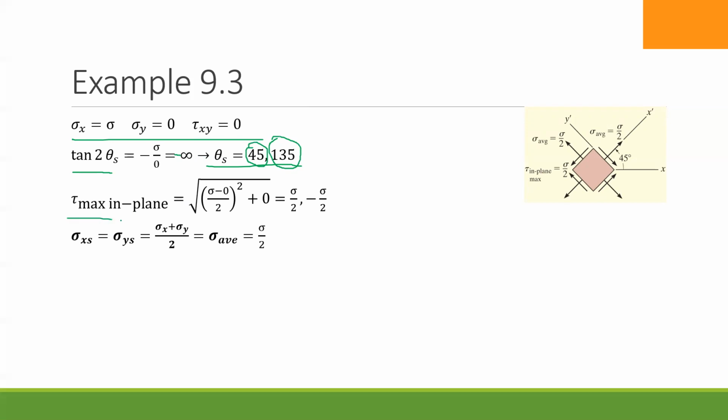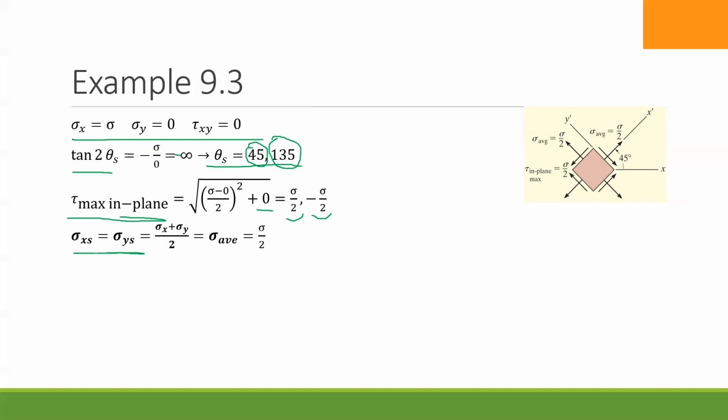So if I apply it in tau max, sigma minus 0 divided by 2, squared, plus 0. So we get positive sigma divided by 2 or negative sigma divided by 2. So the value is half of sigma.